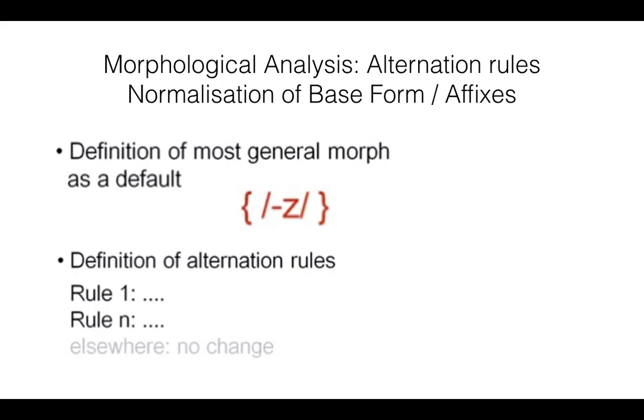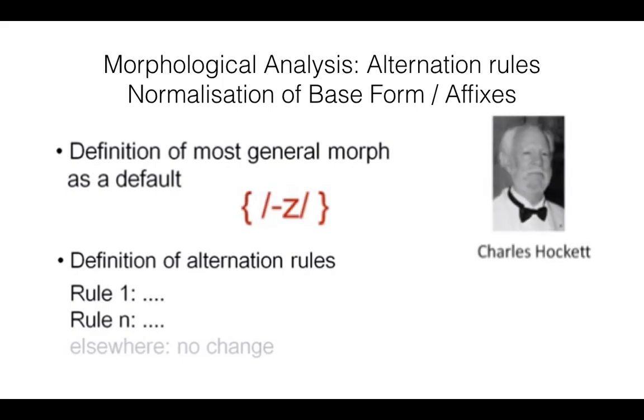And this kind of analysis was launched by somebody called Charles Hawkins, who was the person who started all of these issues, this kind of morphological analysis. It's Charles Hawkins, okay? Normalization of base form. What is the base form?